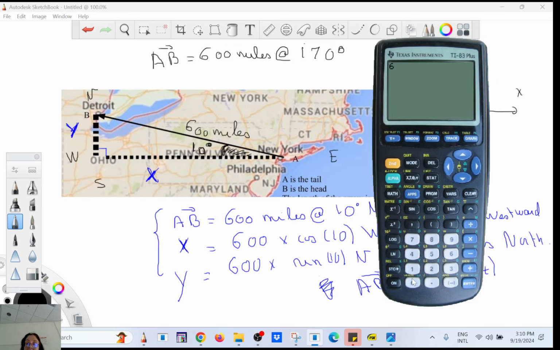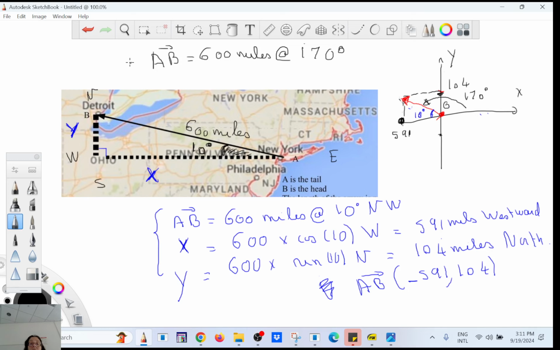Let's see. 600, and then I do cosine 170. I get my negative 591, or 591 west. Do you agree? And then 600 sine 170, and then you get your 104.